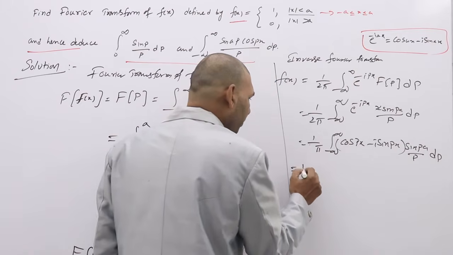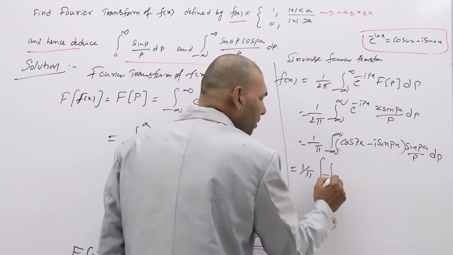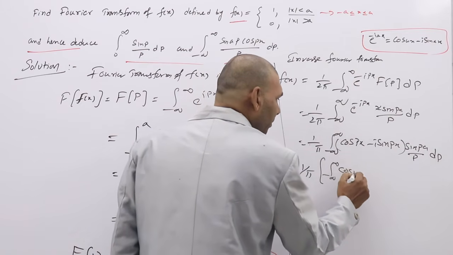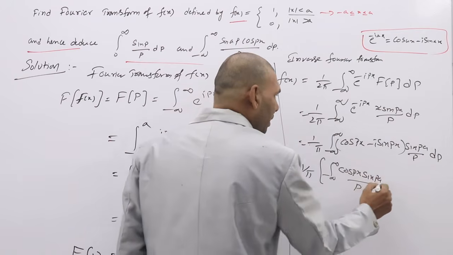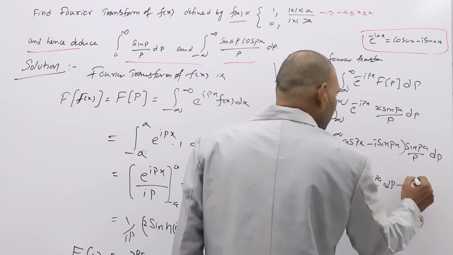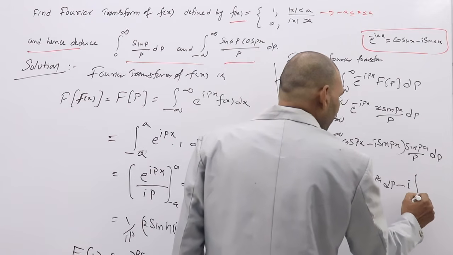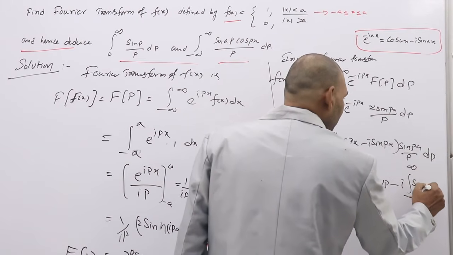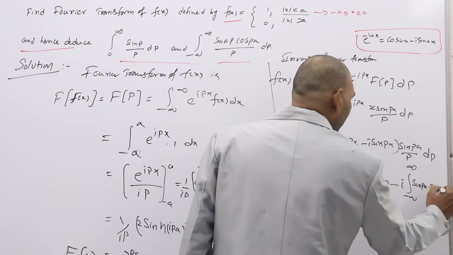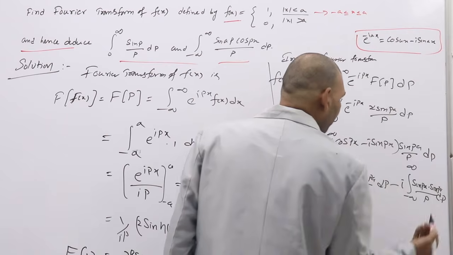Now multiplying, we get 1/π times the integral from minus infinity to infinity of cos px sin(pa)/p dp, minus i times the integral from minus infinity to infinity of sin px sin(pa)/p dp.